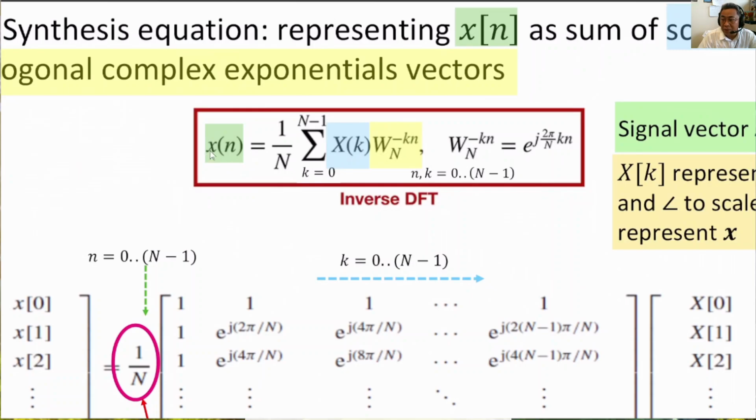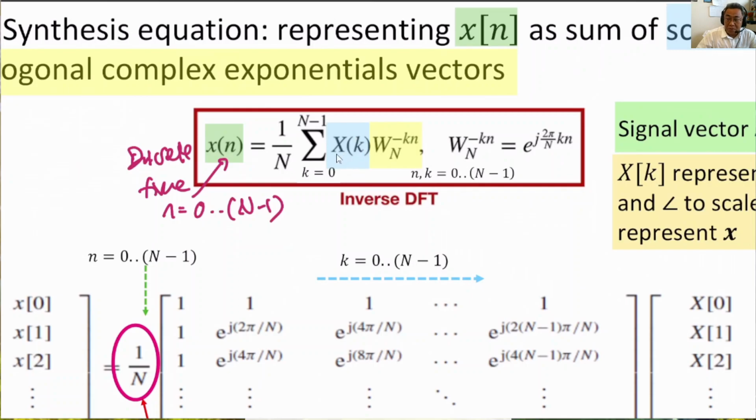How do you interpret? x of little n here is the time index. Time as in discrete time, from 0 to n minus 1, because we are dealing with a finite dimensional vector of length n. And remember, we start with index 0, so you end in n minus 1.